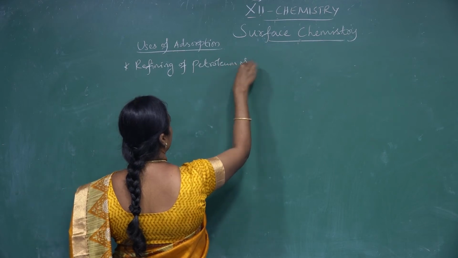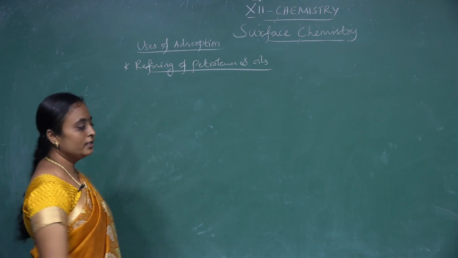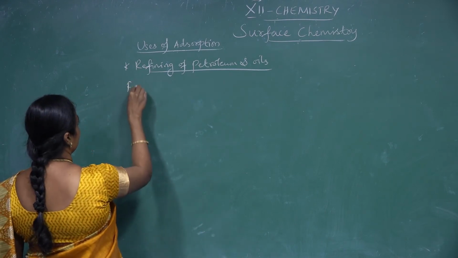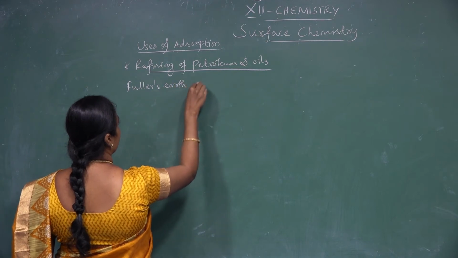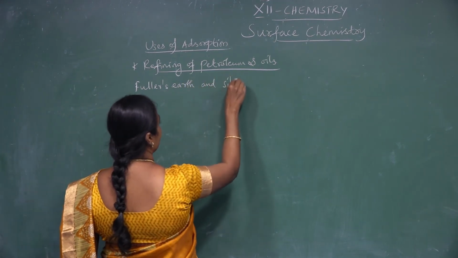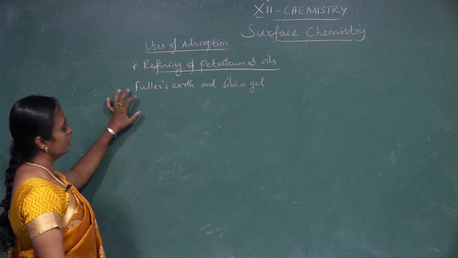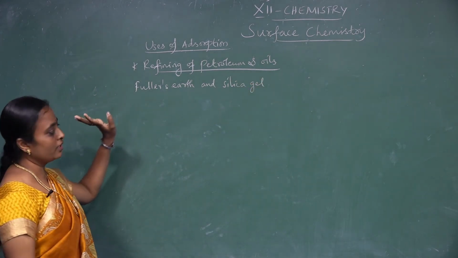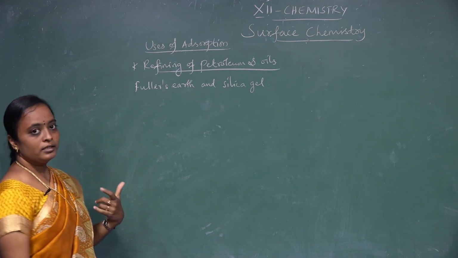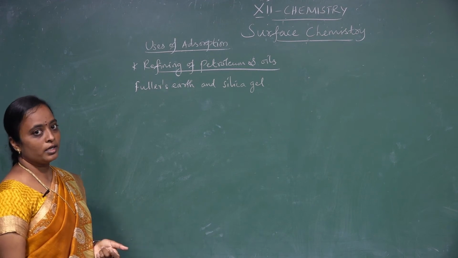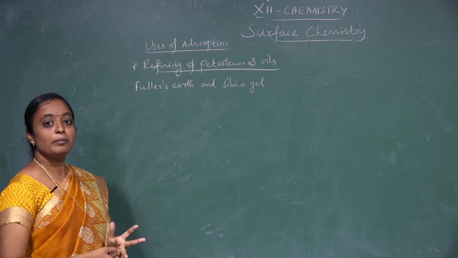Okay, next use we are going to see is refining of petroleum and oils. For that we can take fuller's earth and silica gel. We know fuller's earth is a clay-type material that is used for decolorizing water or oil without any harmful chemical treatment.